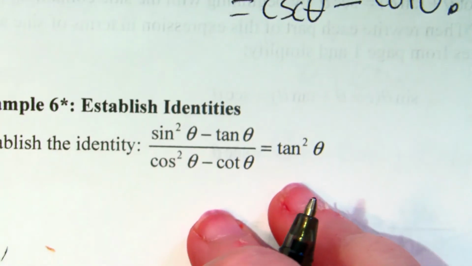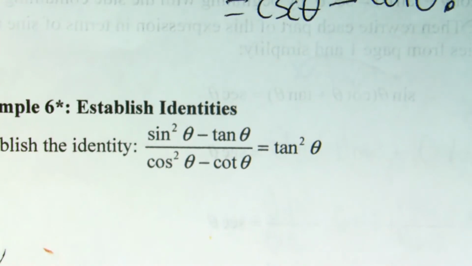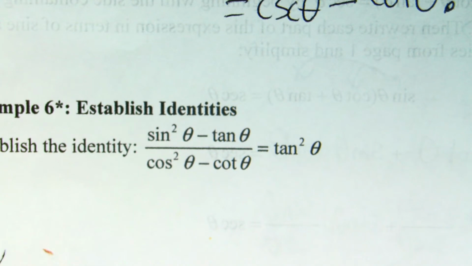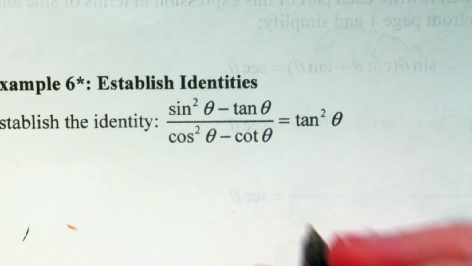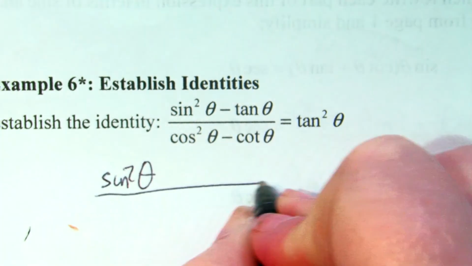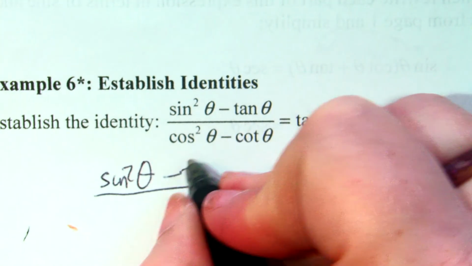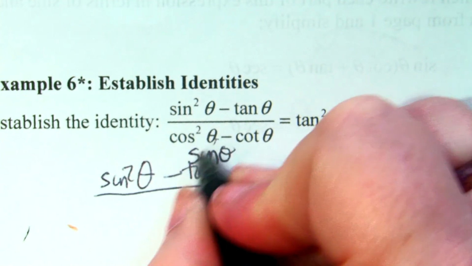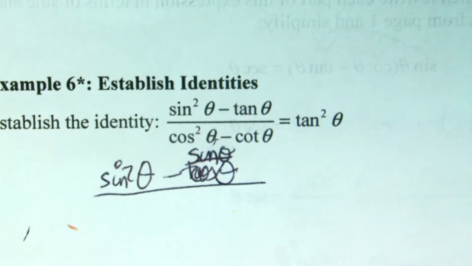And the next one that we're going to do, which side looks more complicated? The left, right? So I'm going to take sine squared theta minus tangent theta, and I'm going to change tangent theta to sine theta over cosine theta. Change everything to sine and cosine.